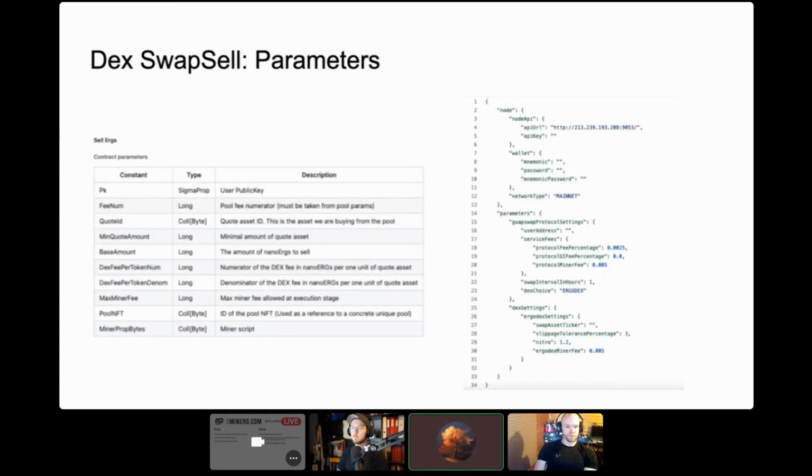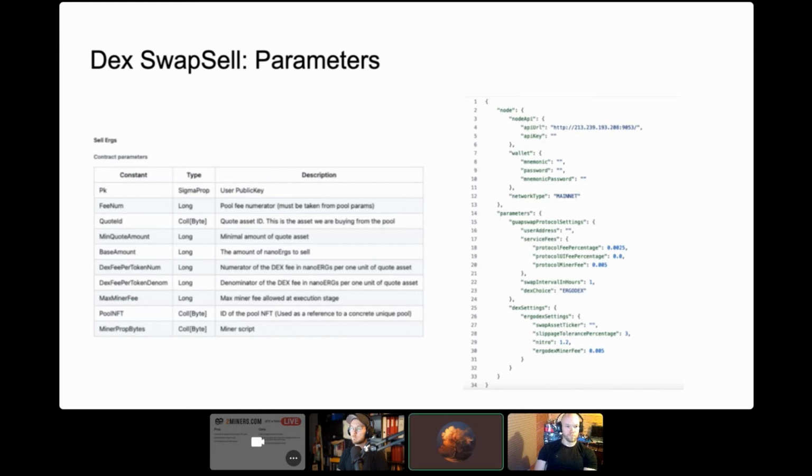So this is just an overview of the config file on the right. So this is what you would fill out if you were to use GuapSwap. So from the get-go, you don't have to do anything with the node settings. It uses a public node URL. The only parameters you'd want to change are the GuapSwap protocol settings.